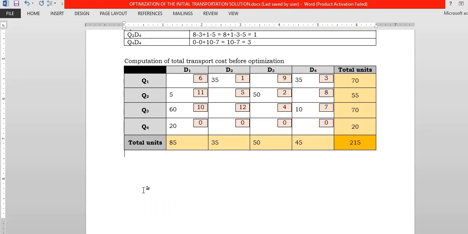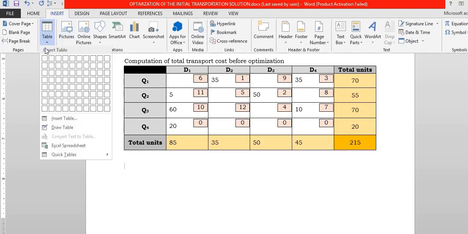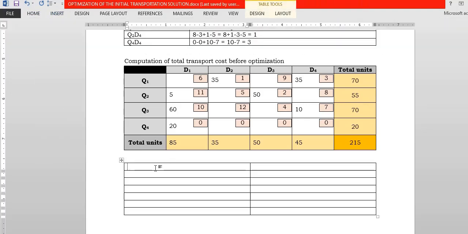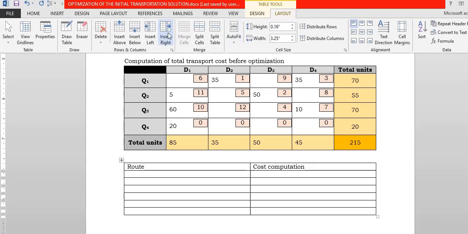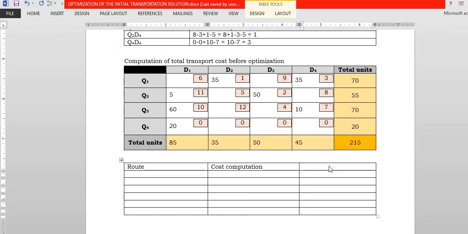At this particular point, I'm going to extract the cost and the units per route. Let me see, I think we should do it this way. We shall begin with the route, and the cost computation. We shall add another output of the computation.